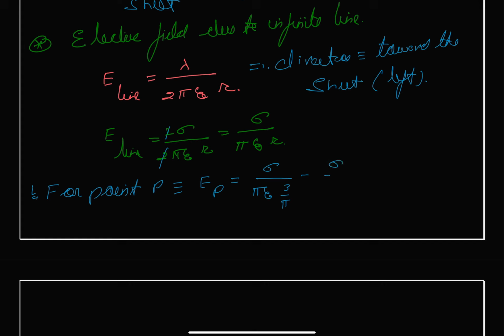So this comes as sigma upon 2 epsilon naught. Here pi and pi cancel out, so this comes as sigma upon 3 epsilon naught minus sigma upon 2 epsilon naught.